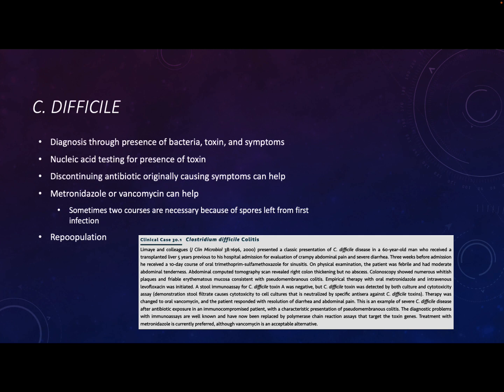On physical exam, the patient had a fever and moderate abdominal pain. A CT scan showed thickening in the colon, but no abscesses. A colonoscopy, which is when they put the camera up, showed numerous whitish plaques and redness in the mucosa consistent with pseudomembranous colitis.